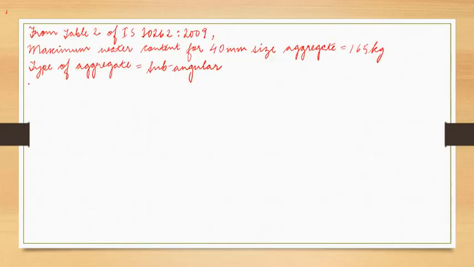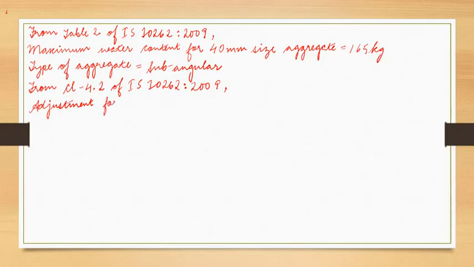So we can write down, from clause 4.2 of IS 10262-2009, adjustment for subangular aggregates is equal to 165 minus 10, which is equal to 155 kg.